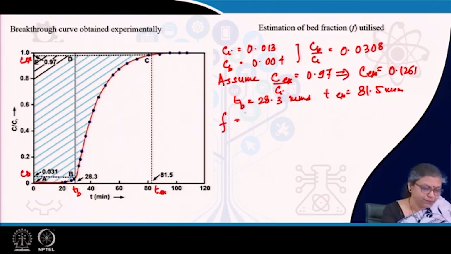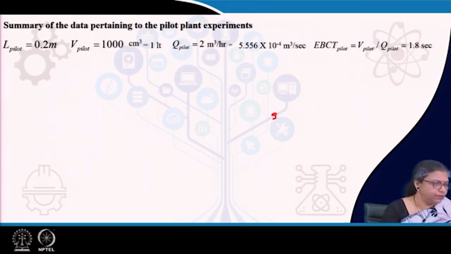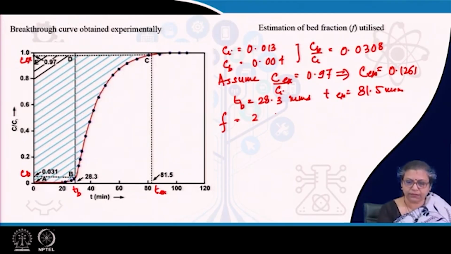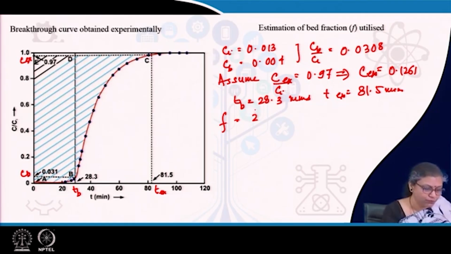So, for this particular case, if you find out this particular shaded area from t equals 0 to t equals 28.3 divided by the area from t equals 0 to t equals 81.5, more or less you are going to get F equals, you can check it out, F equals 0.67, which is slightly less definitely, but we are going to proceed with this.